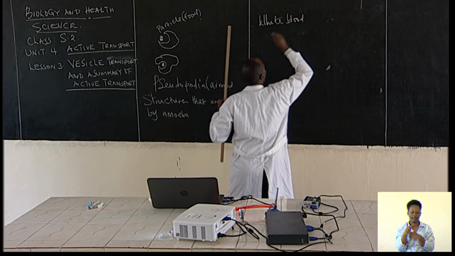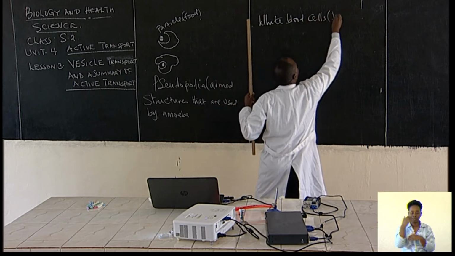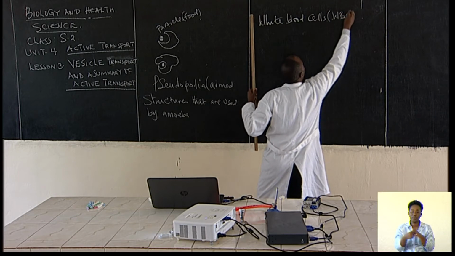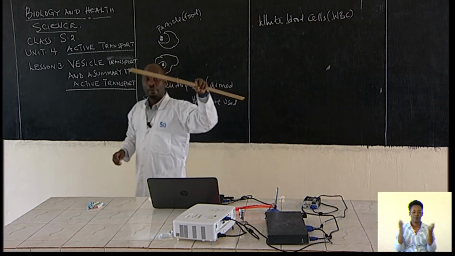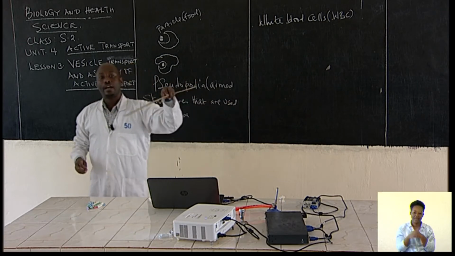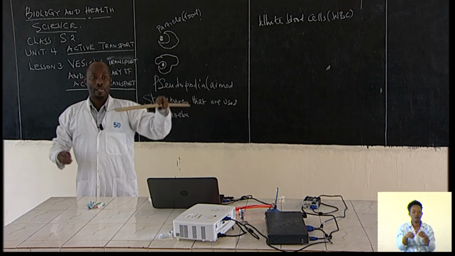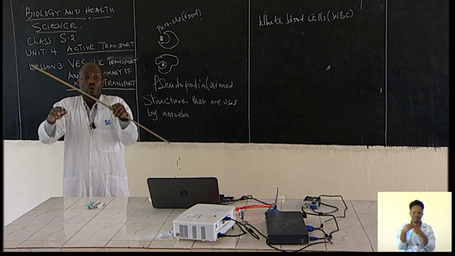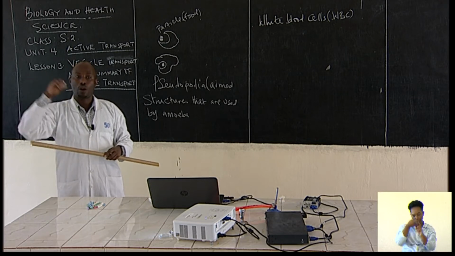You know what white blood cells are? White blood cells, that is WBC. Phagocytosis is commonly found in white blood cells, where the white blood cell has to engulf and surround the microbes, and after surrounding them, you get healed from the disease. Some microbes can enter into our body.